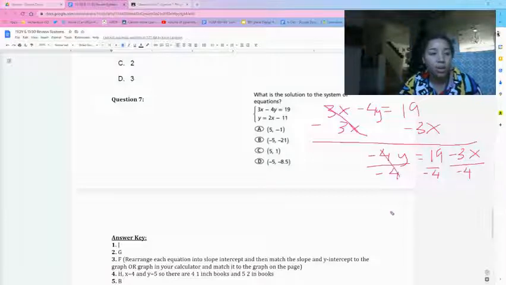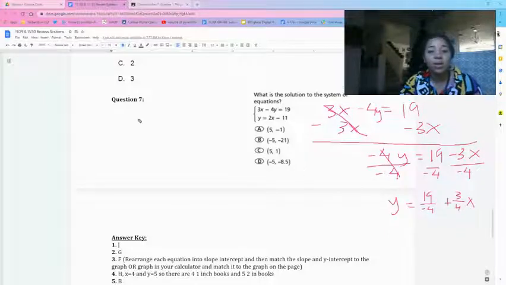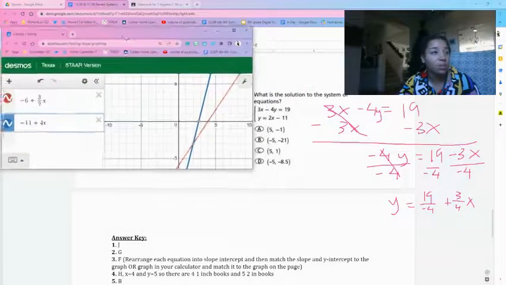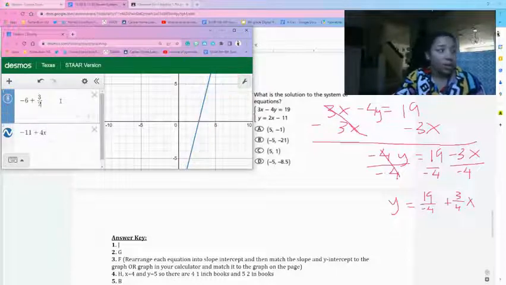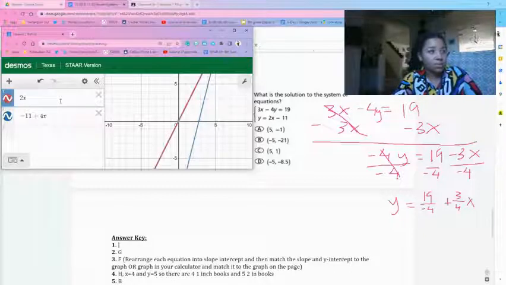And this would be y equals 19 over negative 4 plus 3/4 x. So now that we have this, we're going to plug it into the calculator. So here, it's going to be 2x minus 11.